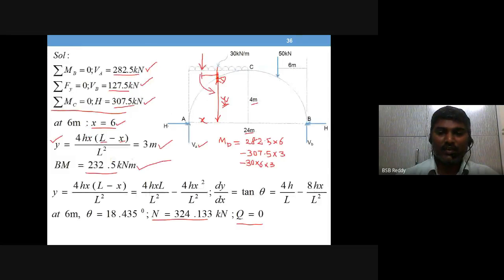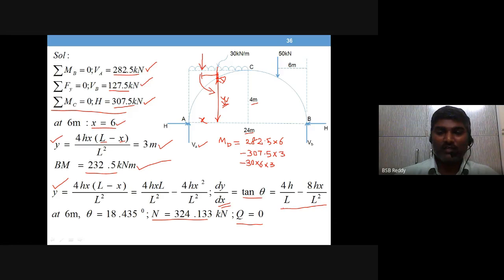It is by finding first dy by dx relation. That will give you tan theta value, and that will give you theta value, which is tan inverse of the value. So how do you get dy by dx? You have the y equation. So differentiate this with respect to x, that will give you the dy by dx equation. So that dy by dx is nothing but tan theta from simple mathematics.